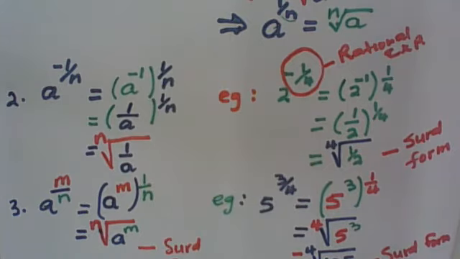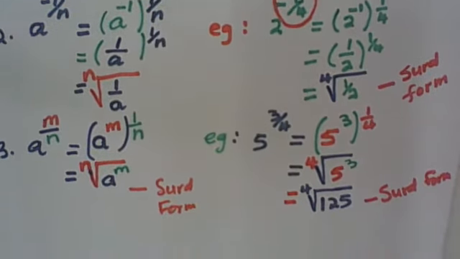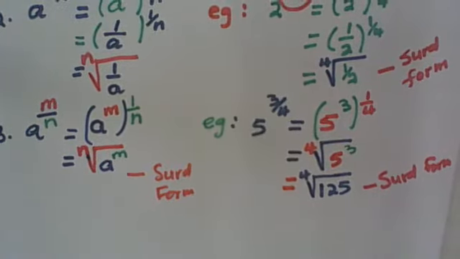Now, the trick is, how do we do the reverse process? Let us get to simplification of the surds. How do we simplify them?